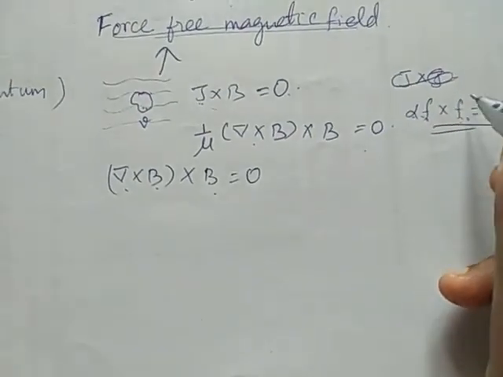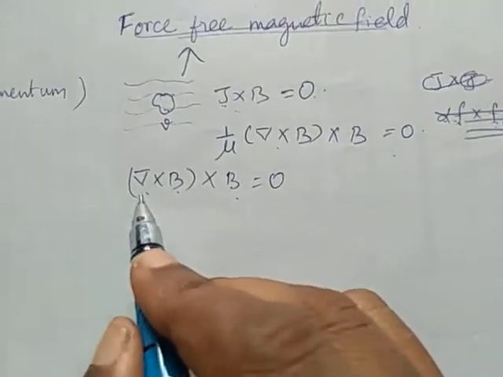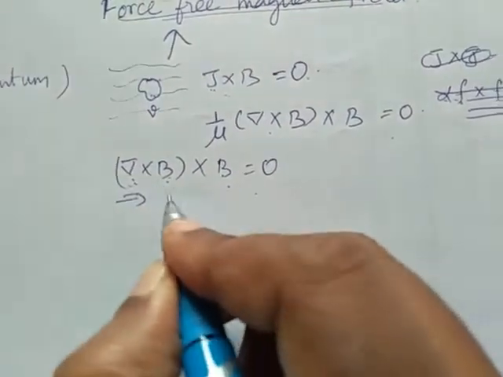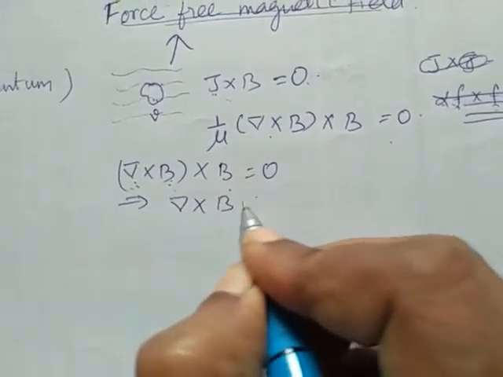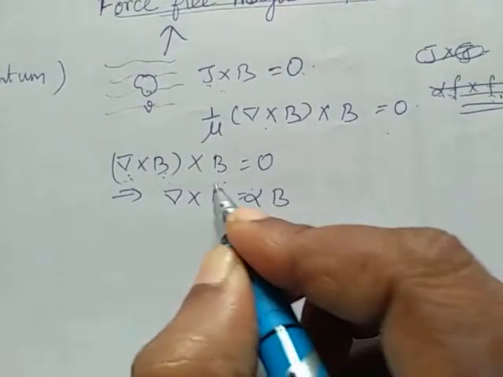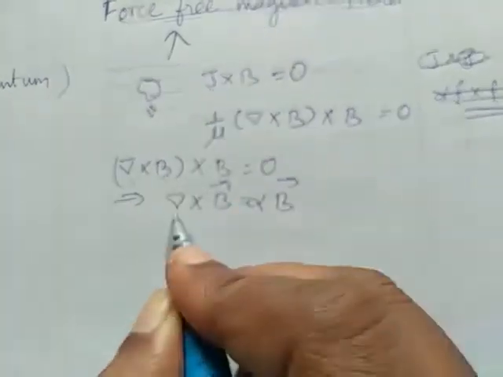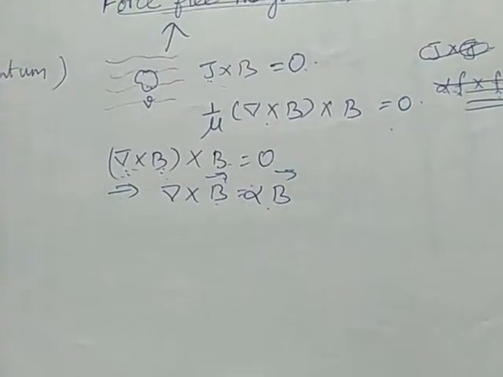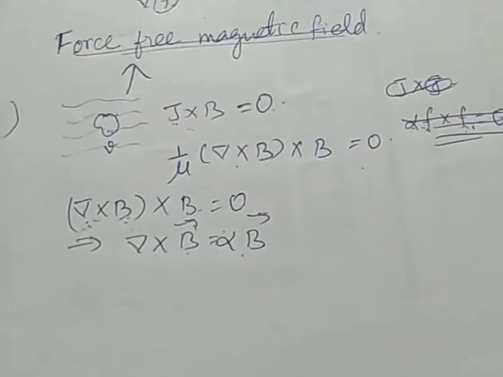In the same way, del cross B equal to 0 implies curl of B should be some constant into B. This implies del cross B is equal to alpha B, where alpha is some scalar function.